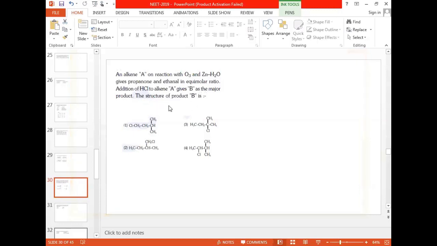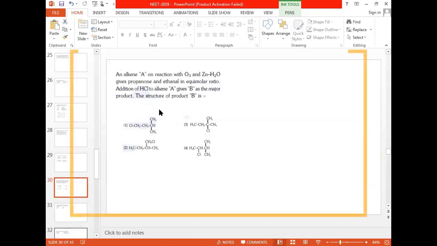See, what is the use of ozone analysis? To know the exact location of the double bond or triple bond, we use ozone analysis. But bromine in CCl4 and Baeyer's reagent, we use only to test whether the compound is saturated or not.